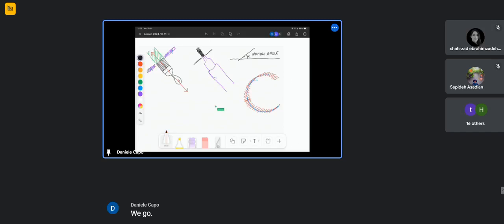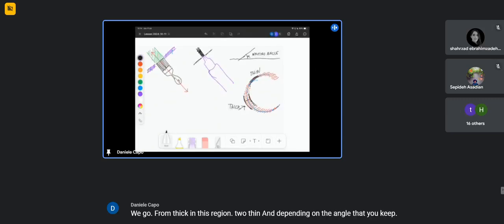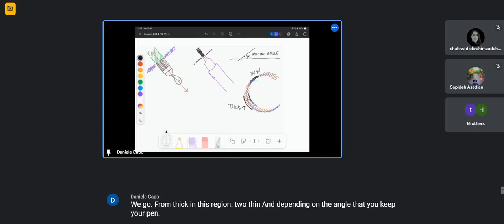will go from thick in this region to thin. And depending on the angle that you keep your pen, the thin parts and the thick parts are placed in a particular position.